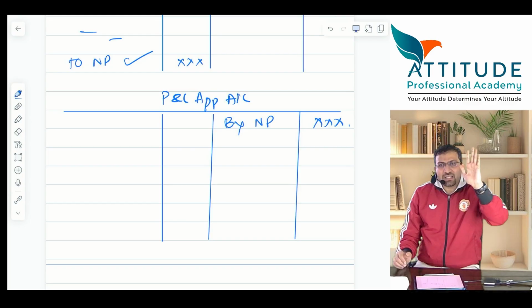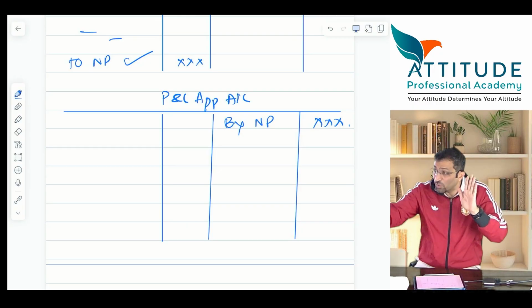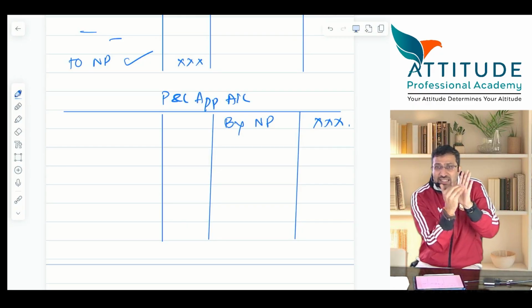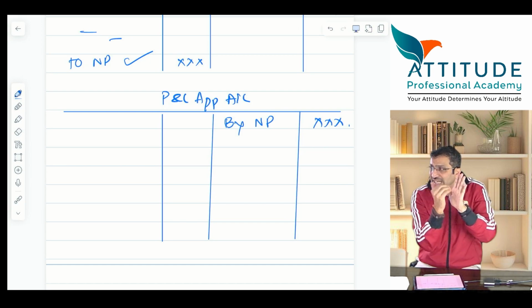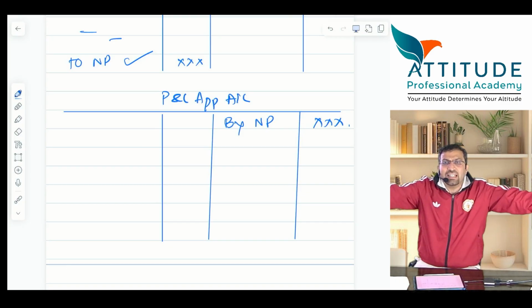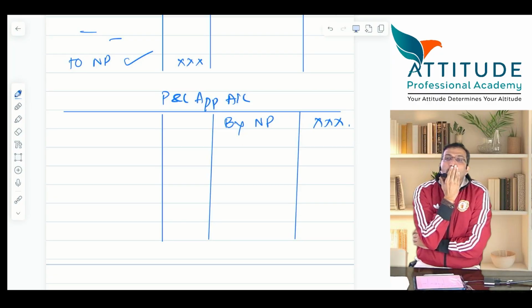So in the partnership deed, it is clearly written that partner should be paid salary, bonus, commission, whatever it is. Then only partner will be given that. If it is not mentioned in the partnership deed that salary should be given, then partner will not get any salary. Please try to understand. It means that partnership deed is silent.